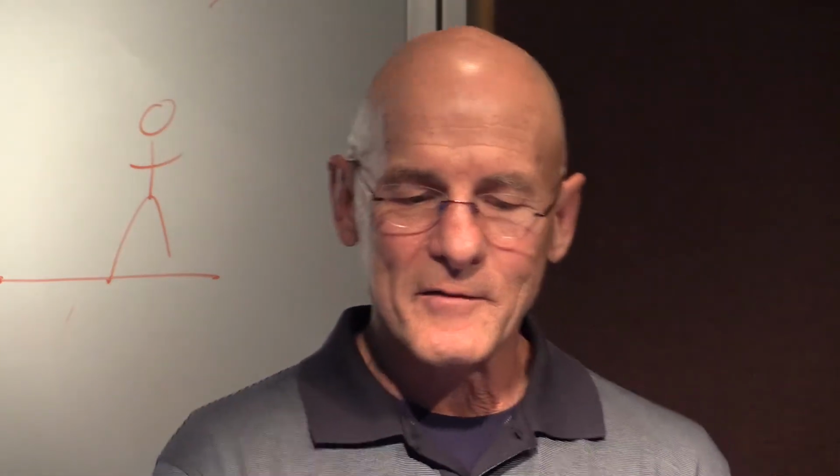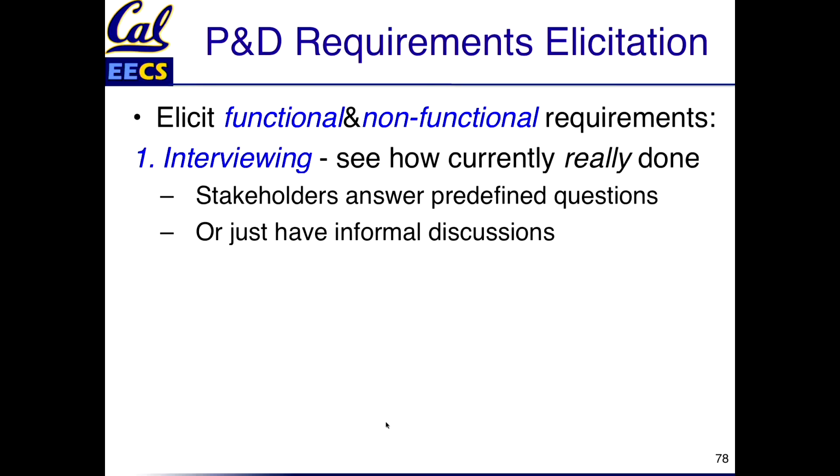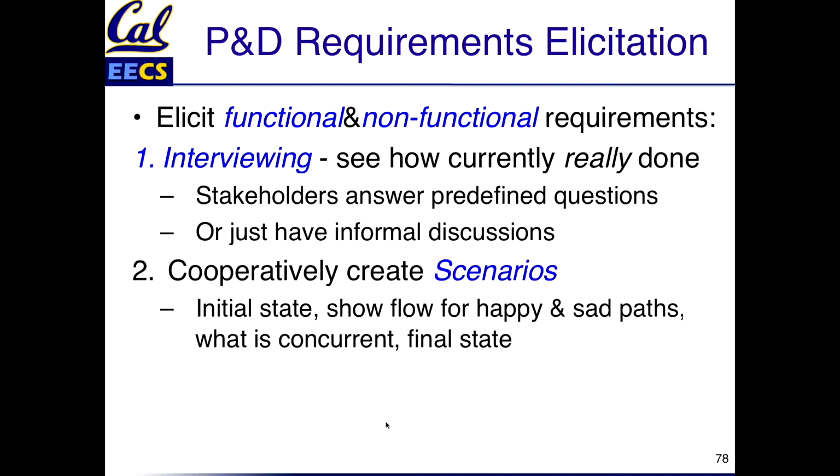The project manager tries interviewing. You want to find out how the work is really done, not the way it's supposed to be done. Maybe you send a questionnaire to all the stakeholders to have them fill out, or you just have informal discussions. But you're trying to figure out how this should really be done, or how it is done today. You work with the customer to create scenarios. You start off with the initial state.